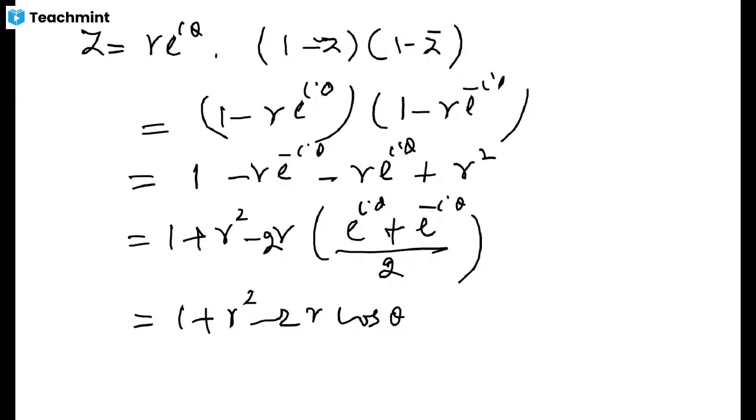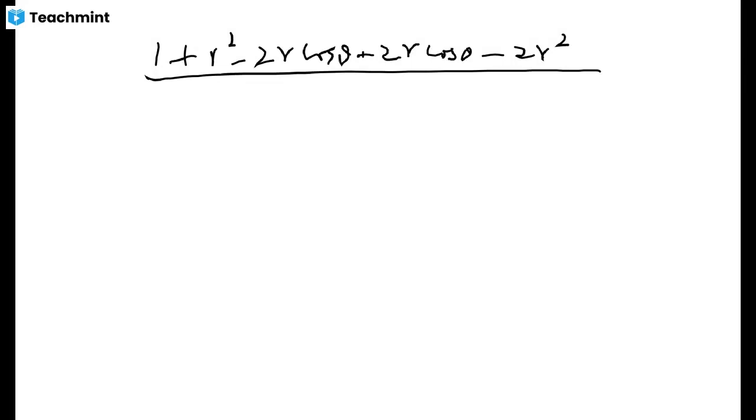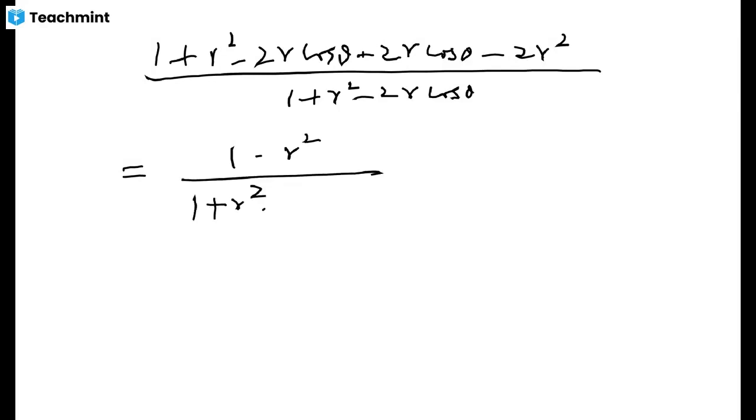So we have the numerator equal to 2r cos theta minus 2r square, and in the denominator we have 1 minus mod z whole square, that is equal to 1 plus r square minus 2r cos theta, as I calculated. And see what is left to you. What is left is 1 minus r square upon 1 plus r square minus 2r cos theta.